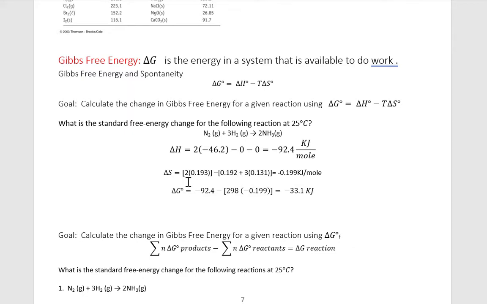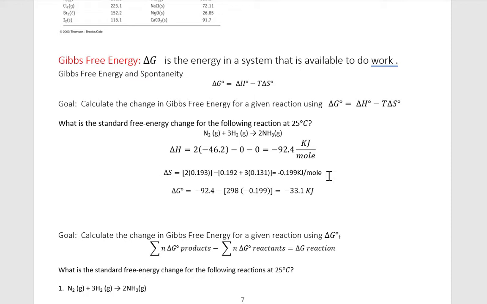So I have 2 times my 0.193 kilojoules for my ammonia value, and then I'm going to subtract from that my value. I have, let's see, 1 mole of nitrogen gas, so that's my 0.192, and I have 3 moles of my hydrogen gas, that's 0.131. So if I do that math, I end up with negative 0.199 kilojoules per mole.